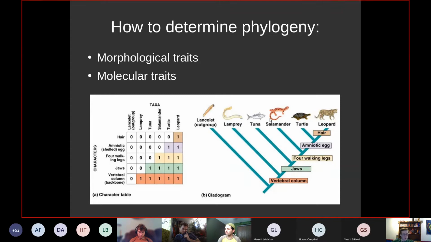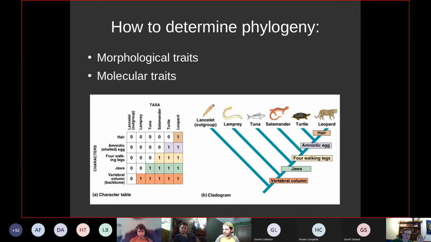So sister to the salamander, it's turtle and leopard because they both share those same three characteristics with the salamander. But the turtle and the leopard share four characteristics with each other, and so they're more closely related. It's a bit confusing. So if you have any questions, please let me know.